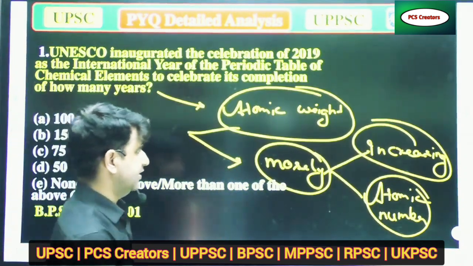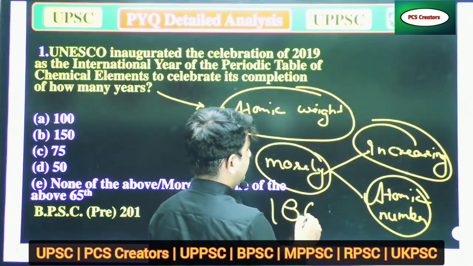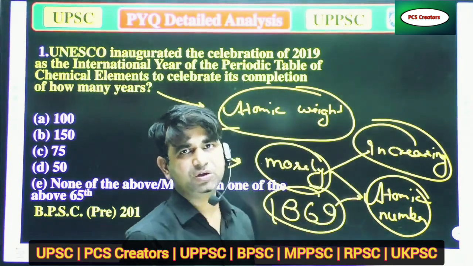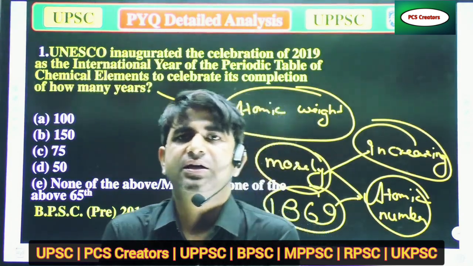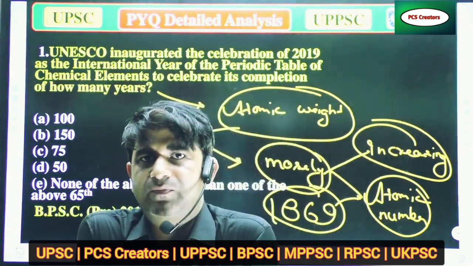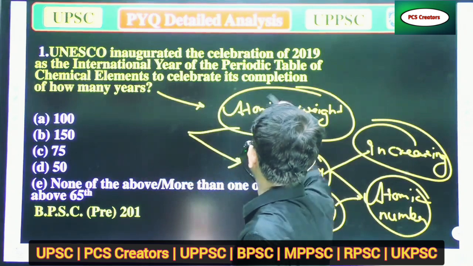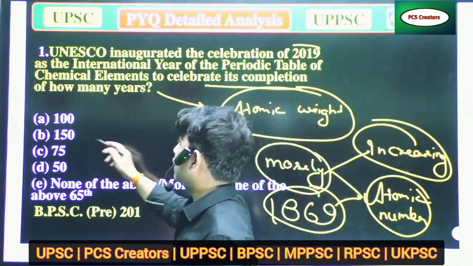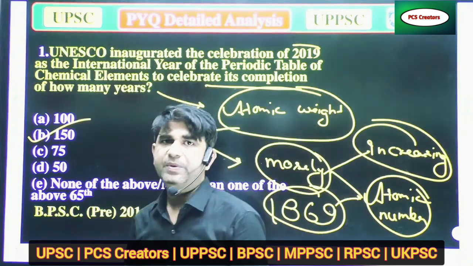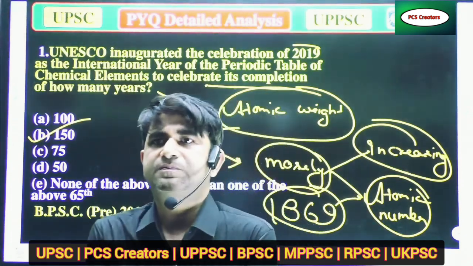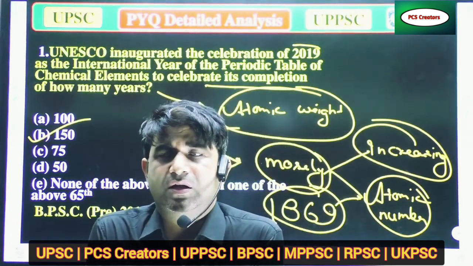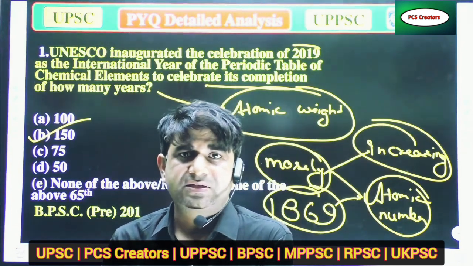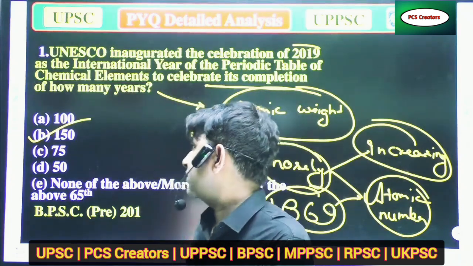In 1869 the rule about the periodic table was given. So we can understand how many years were celebrated: when in 2019 the periodic table had been made in 1869, it has completed 150 years. So our answer will be 150.